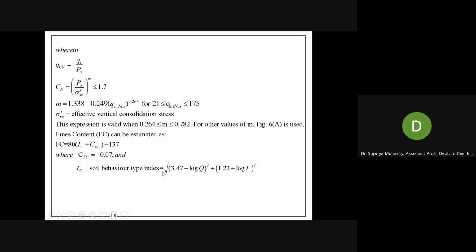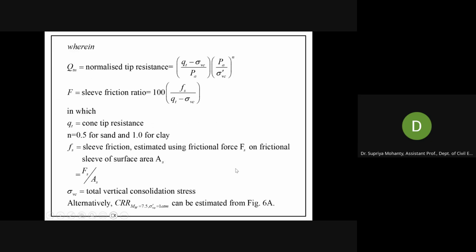This IC is a function of Q and F, where Q is related to your normalized tip resistance, like your QT, the cone tip resistance, minus total stress, PA is atmospheric pressure, and PA divided by your sigma VC dash, meaning effective stress, and the N value also varies.